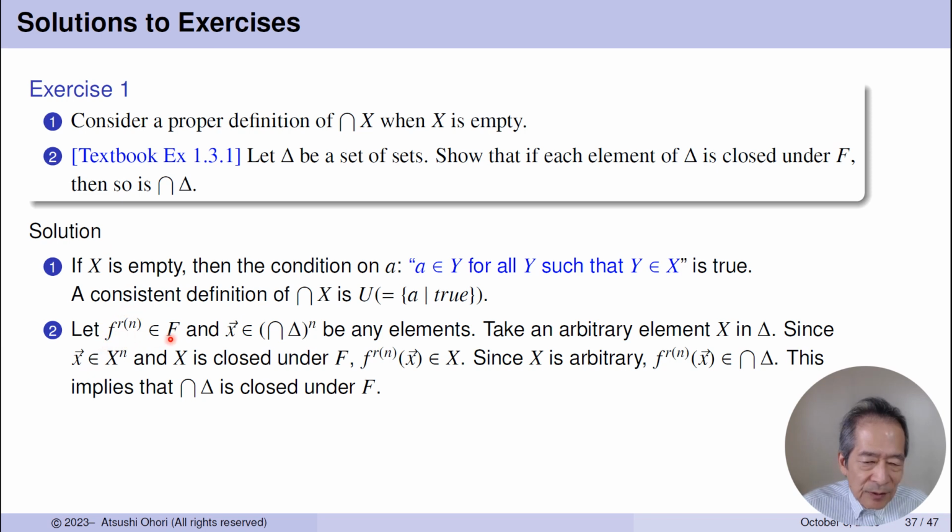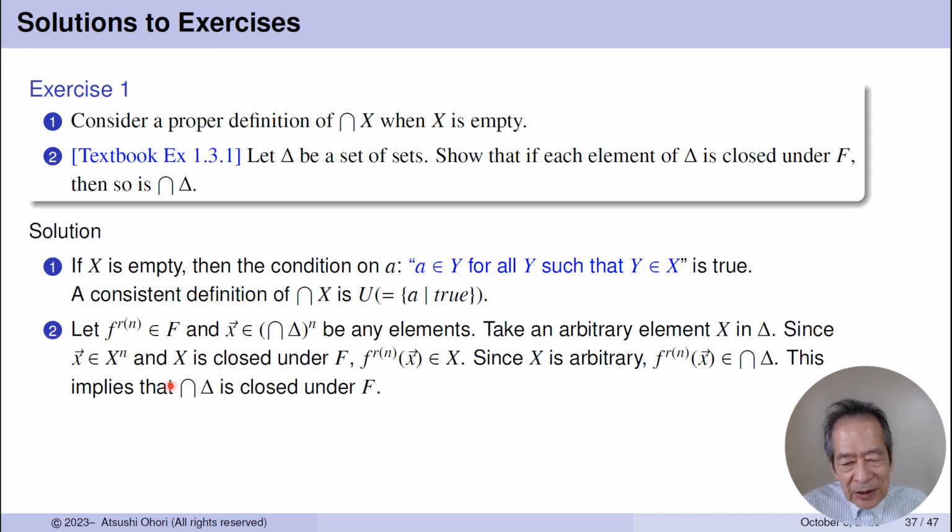constructor F, and arbitrarily, so this F is a constructor function associated with arity n, and according to this n, you pick an arbitrary n-tuple of this set, and show that applying this to this tuple belongs to this intersection.